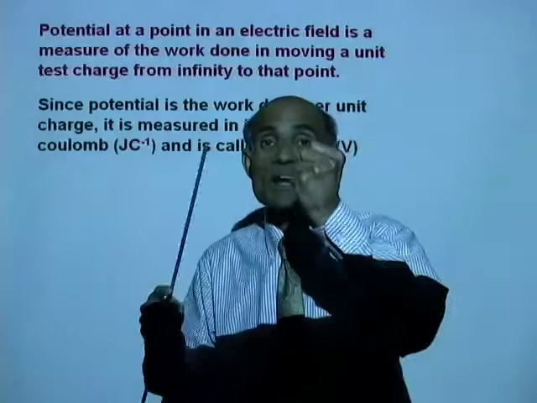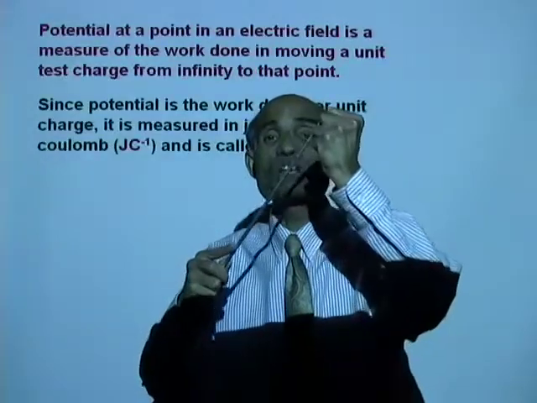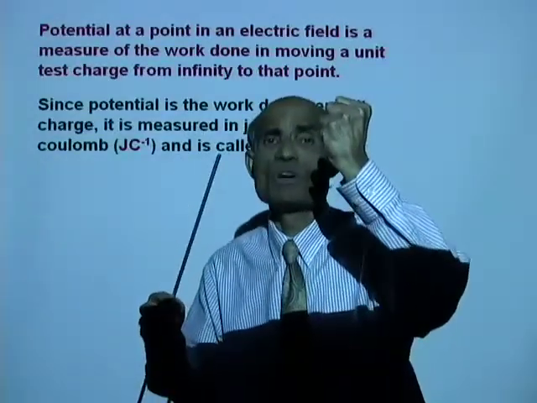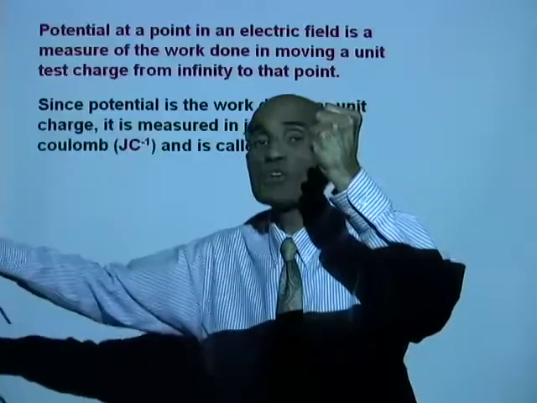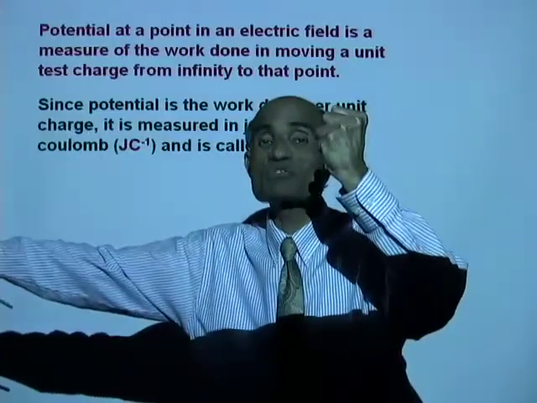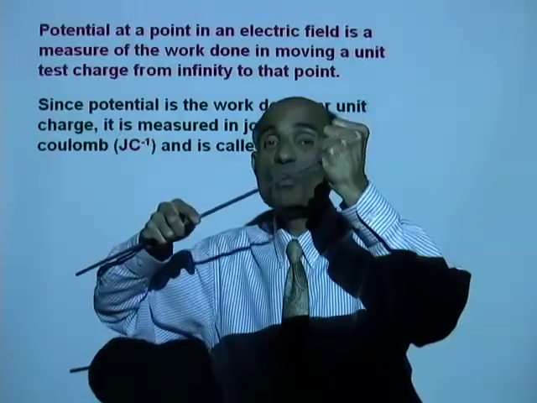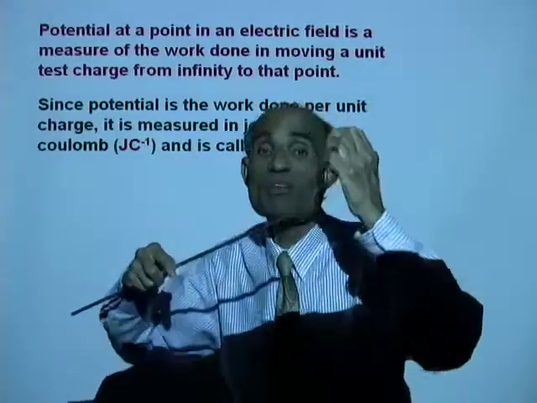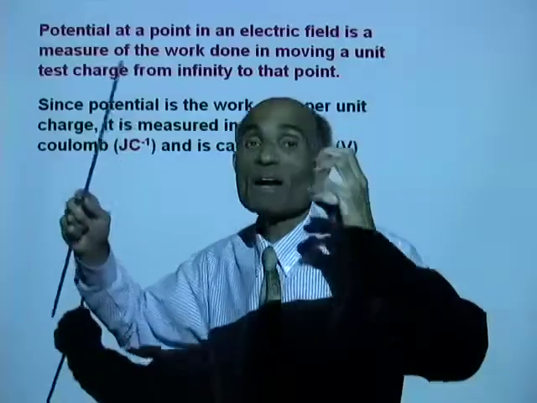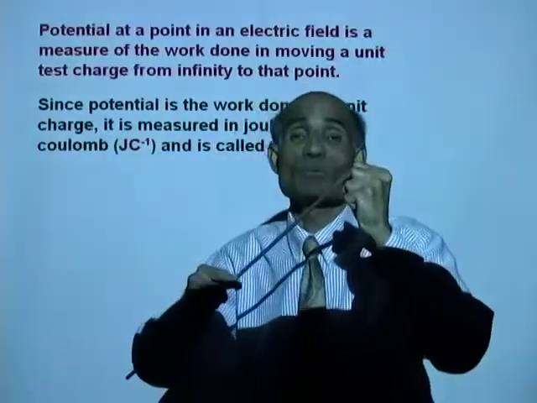Suppose I say the electric potential at this point is 5 volt. What is the meaning? It means in order to move a unit test charge from infinity to this point, the work that needs to be done is 5 joules per coulomb.